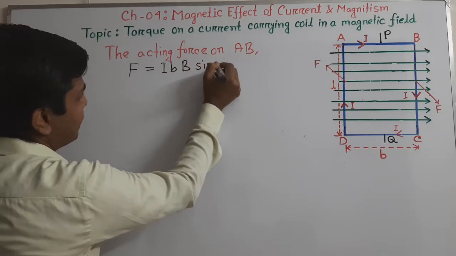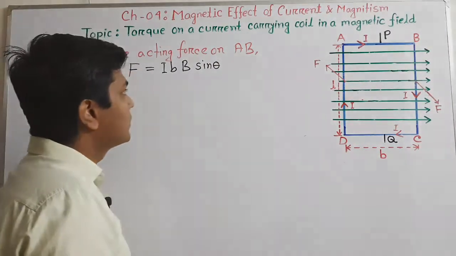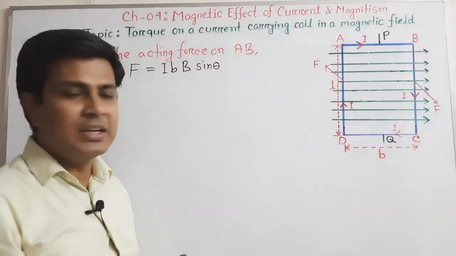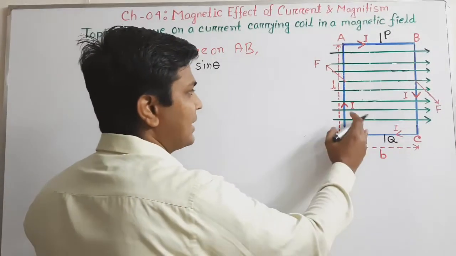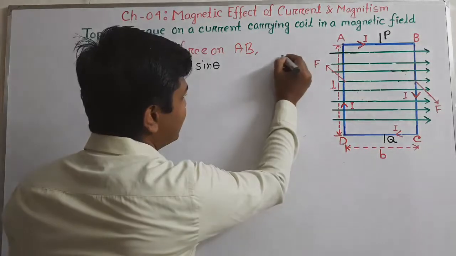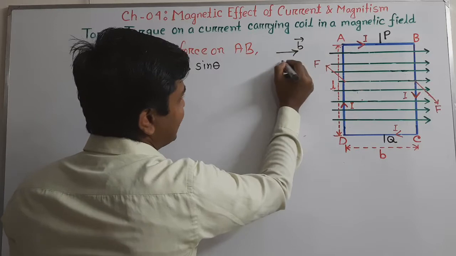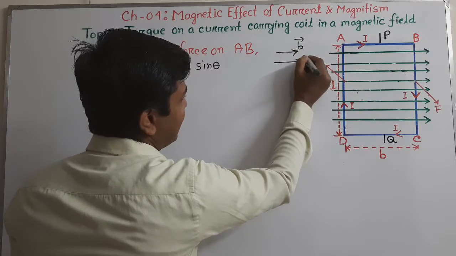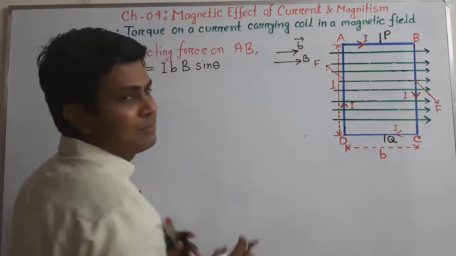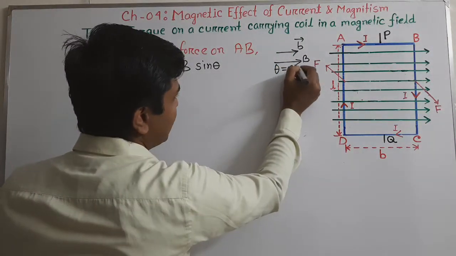This formula you have already learned in your previous class. Here theta is the angle between the width and the magnetic field. You can see the width acts in the same direction as the magnetic field, so here theta is 0 degree.